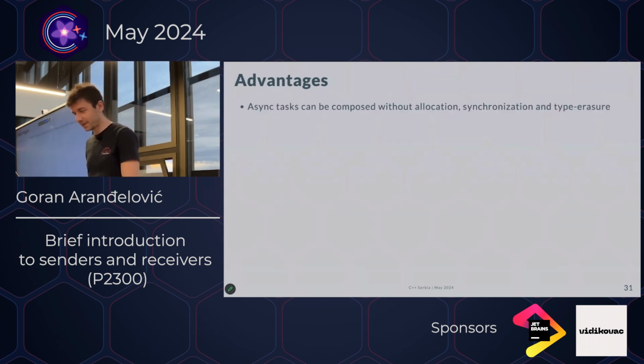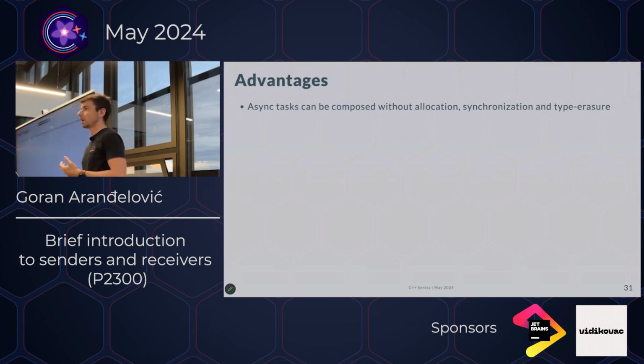Let's jump forward. So this is an important thing. Async tasks can be composed without allocation or almost without any allocation. So whatever you saw here is not type erased and doesn't use any dynamic allocation, which is good.